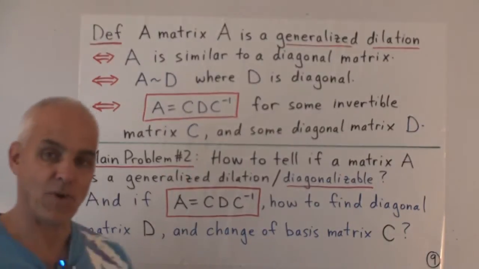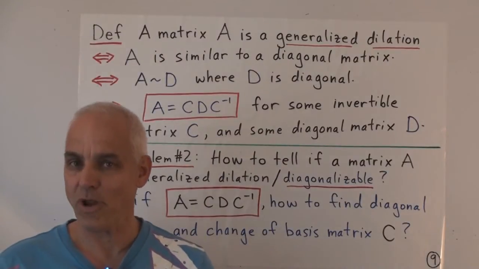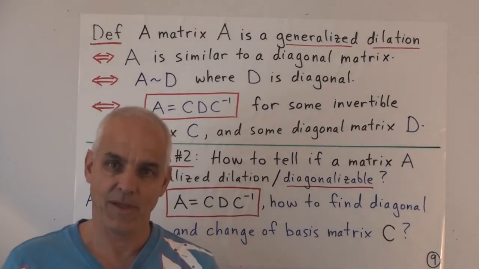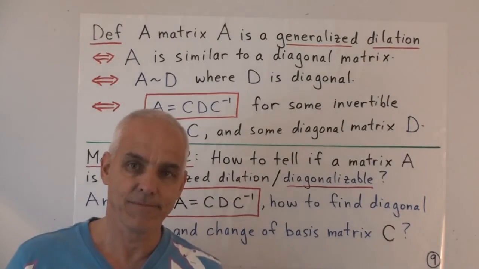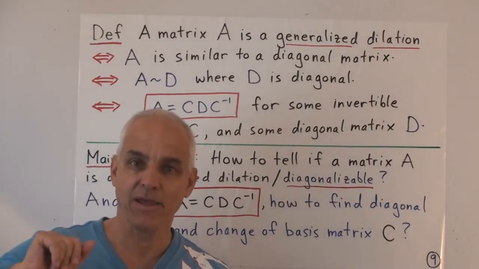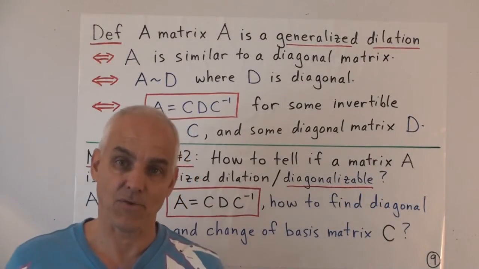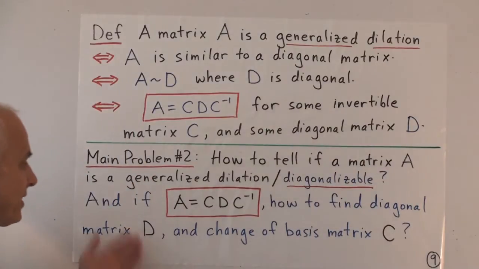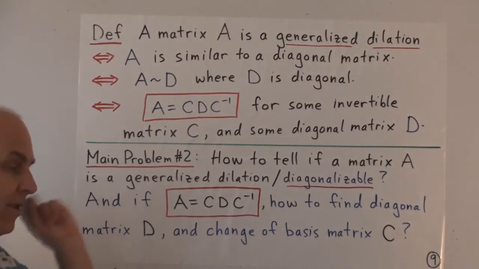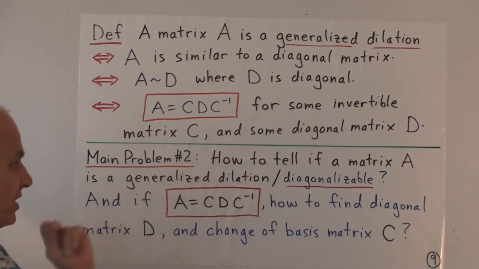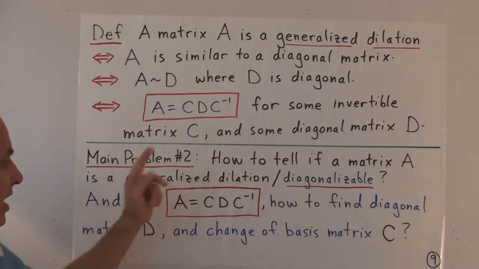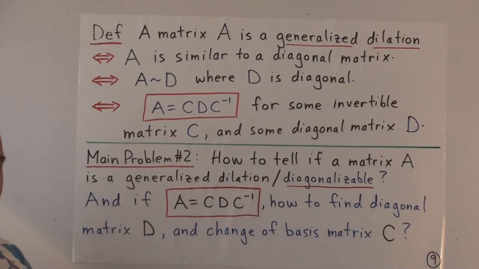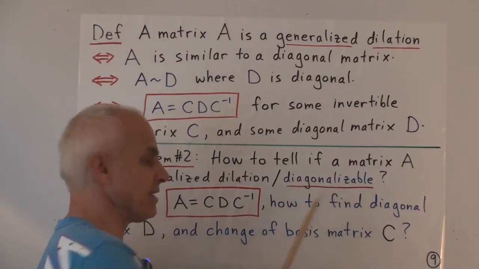And now I can tell you what the second most important problem in linear algebra is, and one that will be indirectly or directly influencing a lot of the rest of the course. It's this one right here. How does one tell if a given matrix A is a generalized dilation? Another word for generalized dilation is diagonalizable.